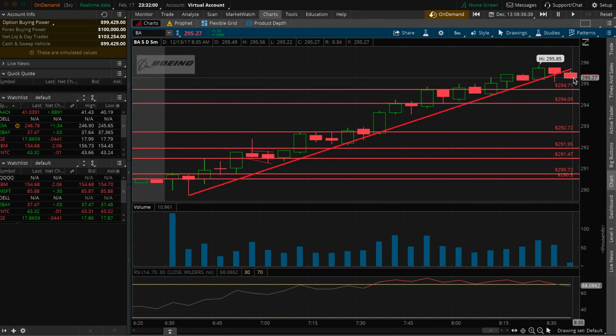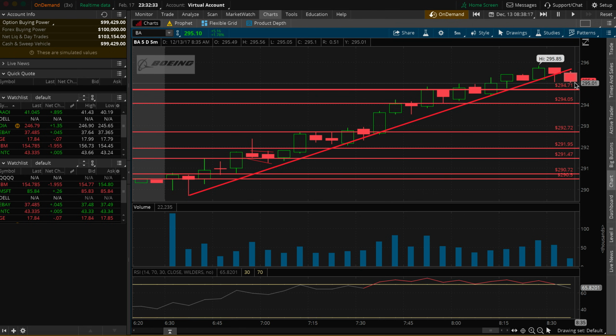Now right off the bat, this one opened below our trend line. So that's a warning right there. If it starts coming down, then we sell. If it moves up and pushes through and closes above our trend line, that's great. We're still uptrending. But right now, it's a broken trend line. It opened below our trend line, so we need to be on caution.